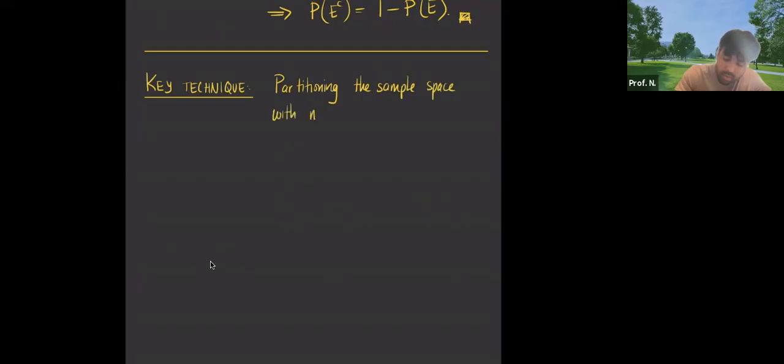One key technique in probability that will become very useful is called partitioning the sample space with mutually exclusive sets, or I should say events.